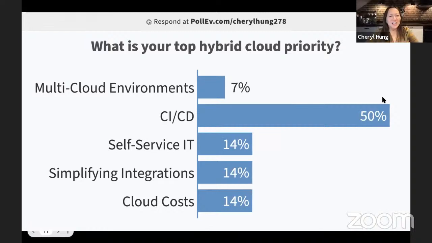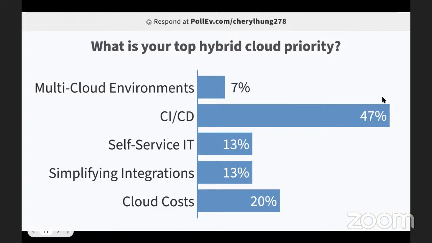CI/CD is definitely pulling ahead, but actually I was wondering if you could elaborate a little bit more on some of these answers. How do you see hybrid interacting with each of these? Well, as our IT estate spreads across on-prem into hybrid cloud or into the public cloud, first off, how do we incorporate these with a multi-cloud environment?